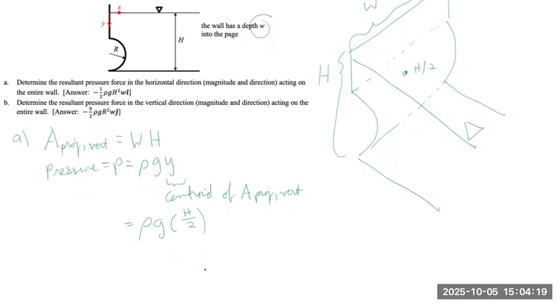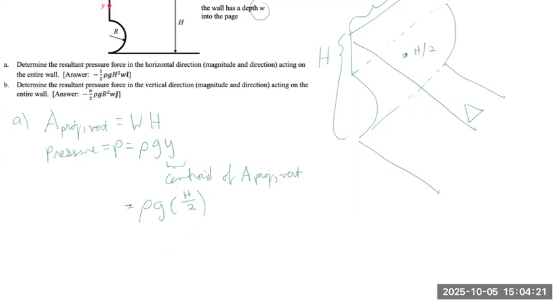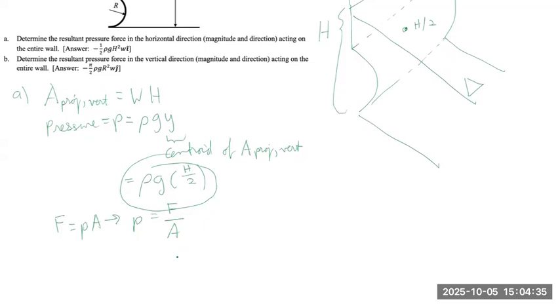And so we want to know the resultant pressure force. Force is equal to pressure times area, and this is in general form because pressure is equal to force over area. So since we know that the pressure is rho g times H over 2, the force is just going to be area times that value. And we use the same area, which is the vertical projection of the wall and the cylinder.